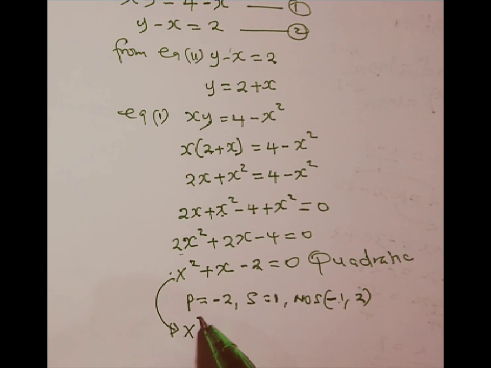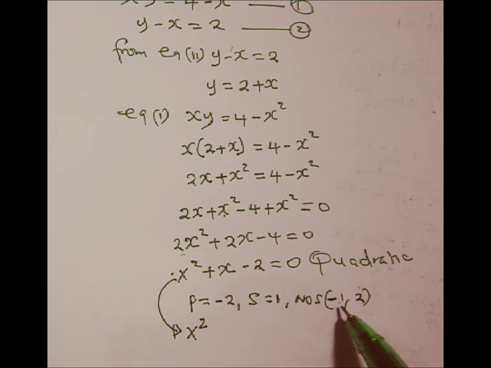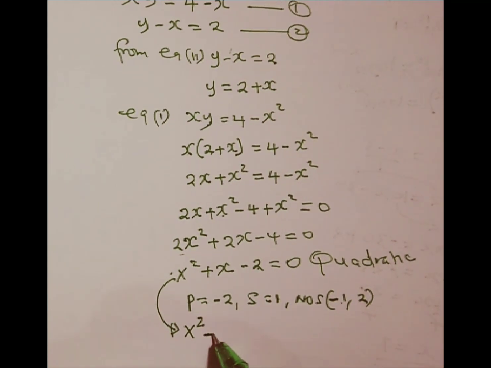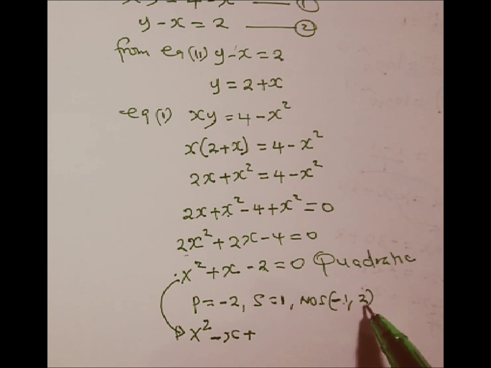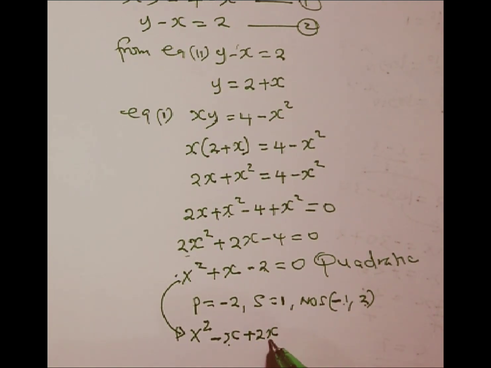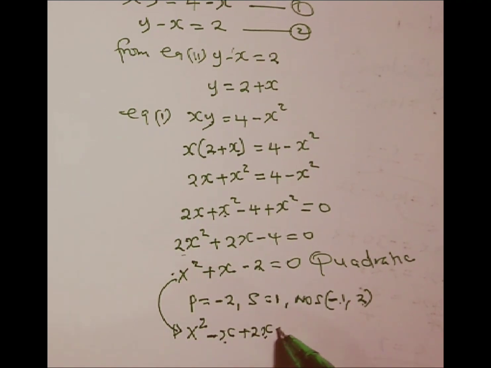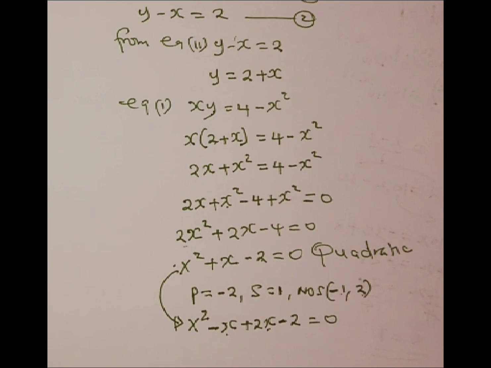We begin with the quadratic term, which is x squared. The linear term will be replaced by the numbers, and therefore we have minus x. Then we add 2x, such that minus x plus 2x will give us x. And finally we minus 2, and this one is going to be equal to 0.